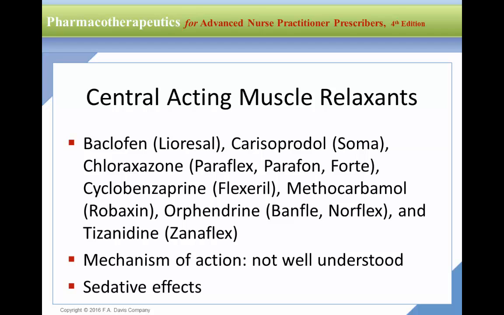We do have the Flexeril, and even though the mechanism of action is not well understood, basically they act centrally at the level of the alpha-2 adrenergic agonist to produce inhibition of the motor neurons in the spinal cord, reducing muscle spasticity. In addition, they act basically not at the level of the muscle, but at the level of the synaptic reflex arch.